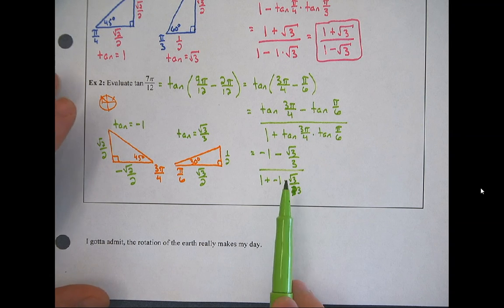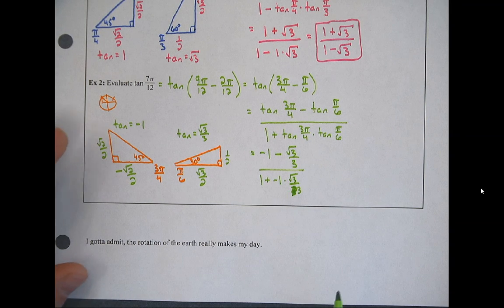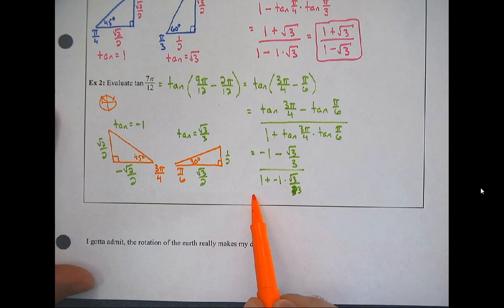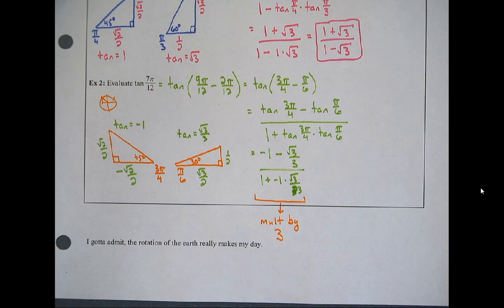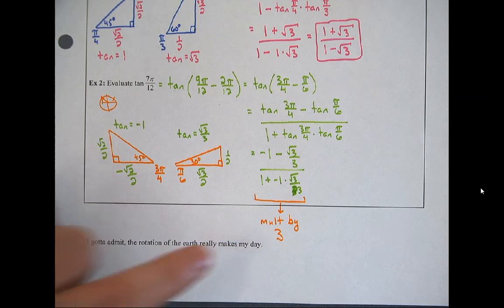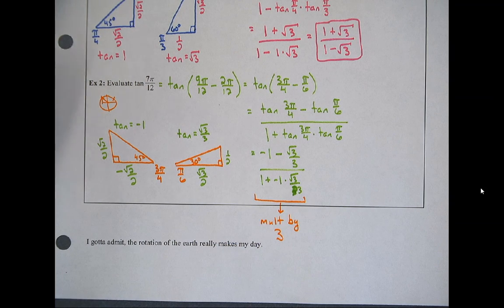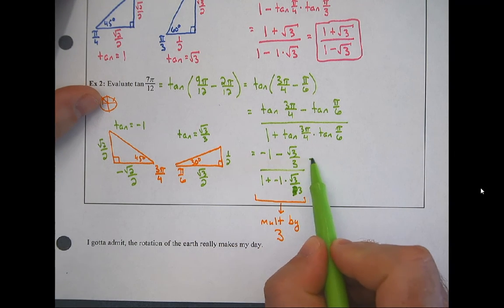This is easy to clean up with a multiply. So what I'm going to do is I'm going to multiply everything by 3. When I times by 3, I'm going to clear out the fractions. Now it's going to turn the 1s into 3s, but that's okay because it's a good trade considering we don't have any fractions.